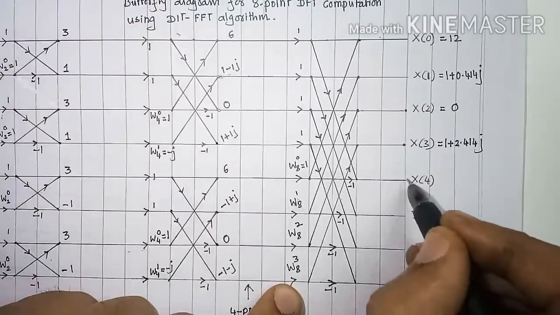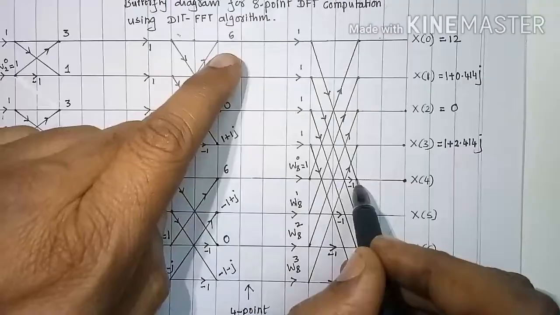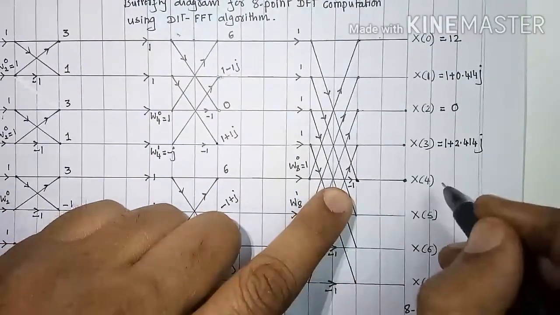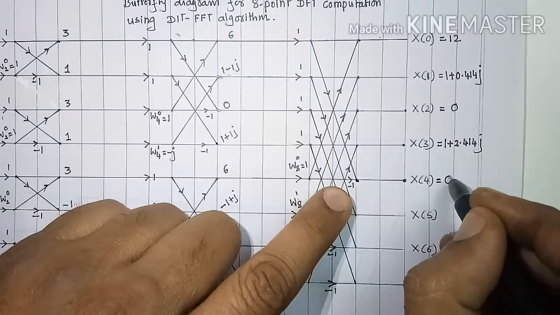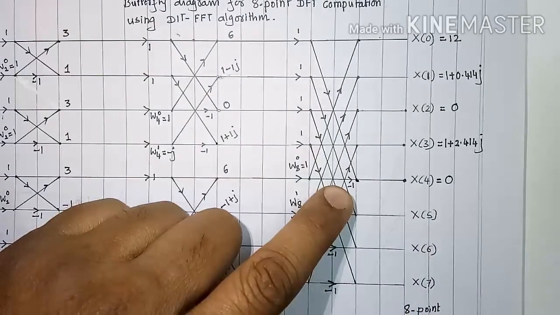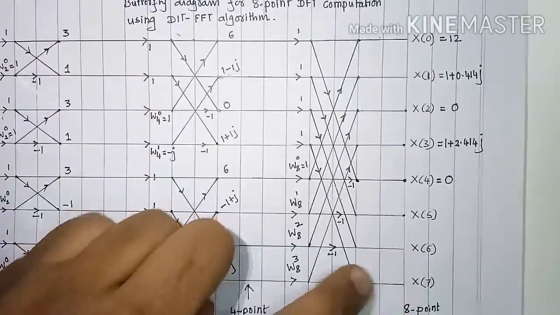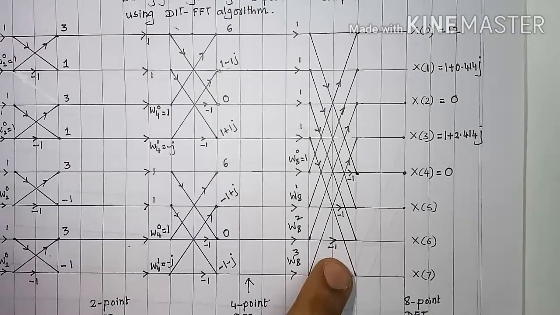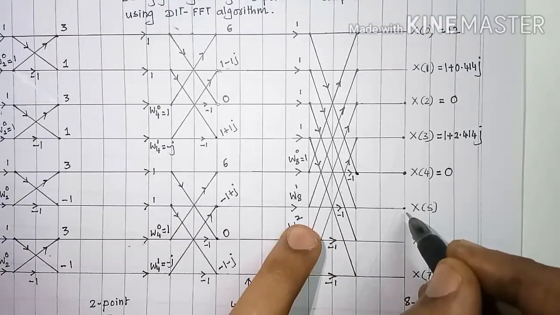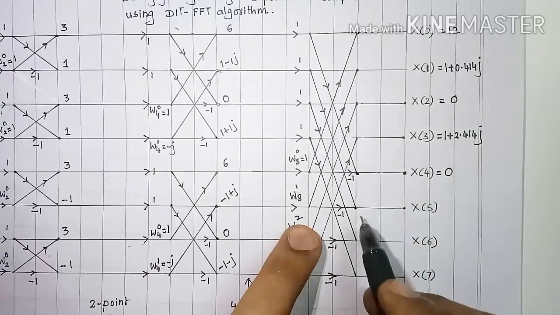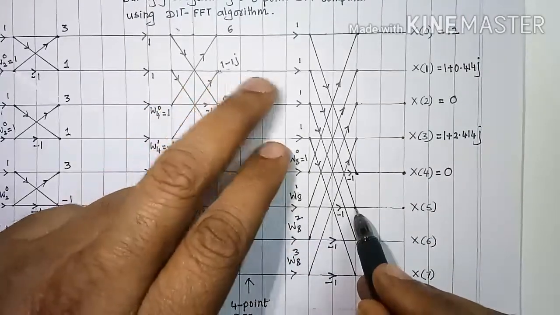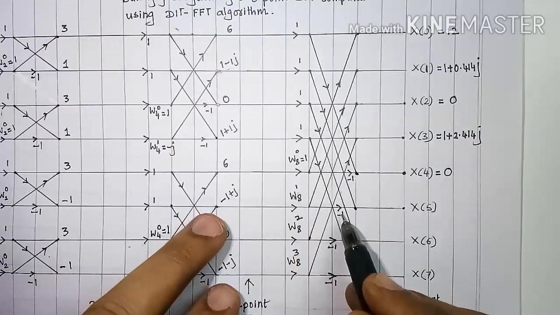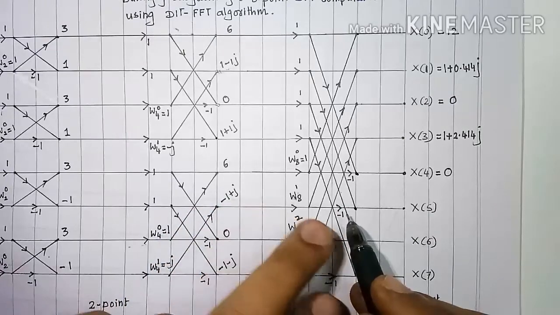Next we have to calculate X of 4. X of 4 is 6 into 1, 6, 6 into minus 1, minus 6, that will be equal to 0. Next we have to calculate X of 5. X of 5 is 1 minus 1j into 1 minus 1 plus j into W8 raised to 1.